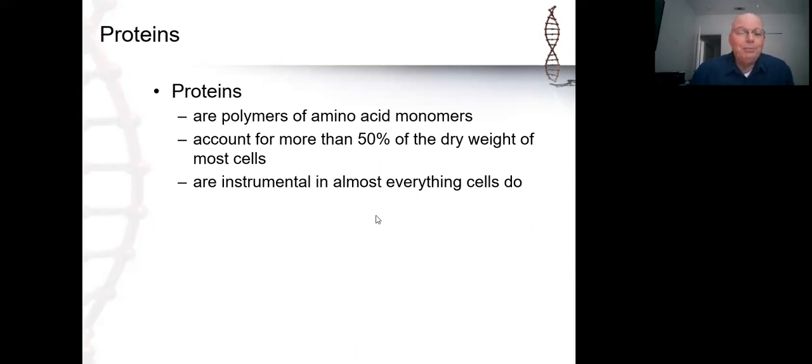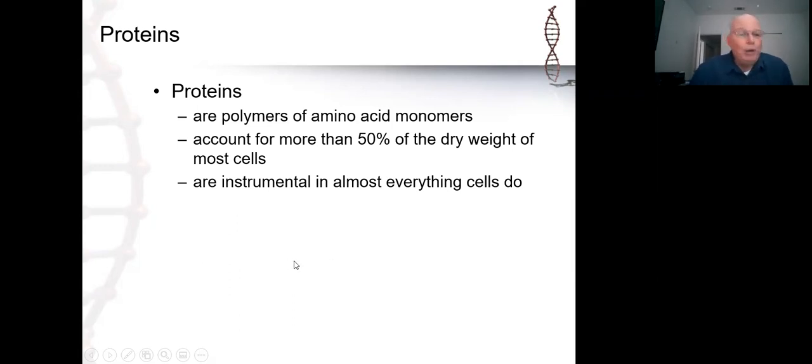Proteins are really, really important to cells because they are the workhorses of cells. They form structures, they transport things across membranes, they function as enzymes to regulate chemical reactions, they're involved in the immune system to defend us, they are involved in muscle cell structure and allow muscles to contract.